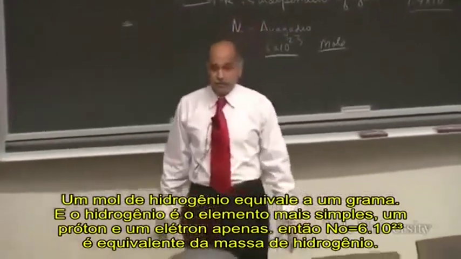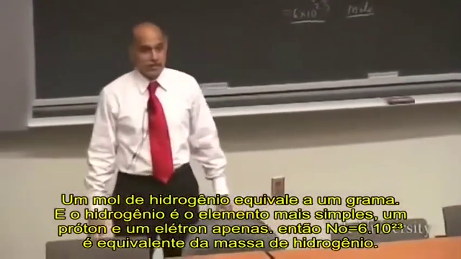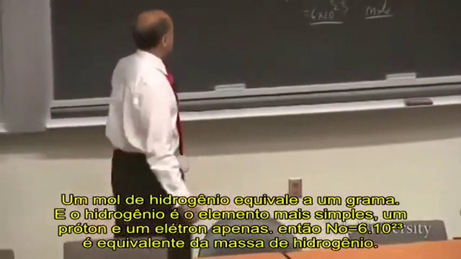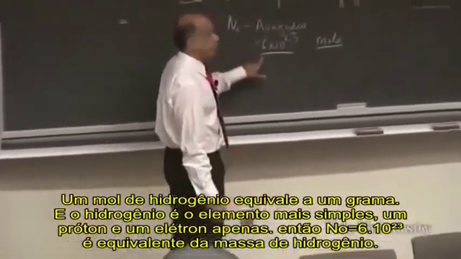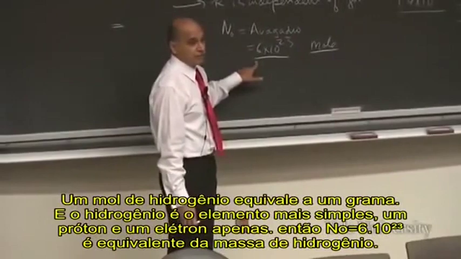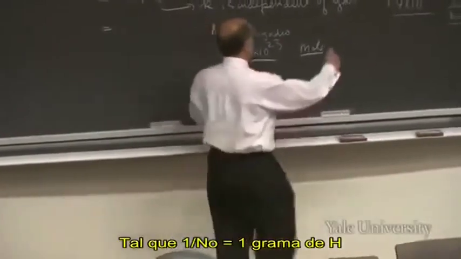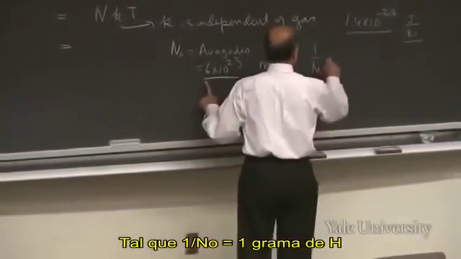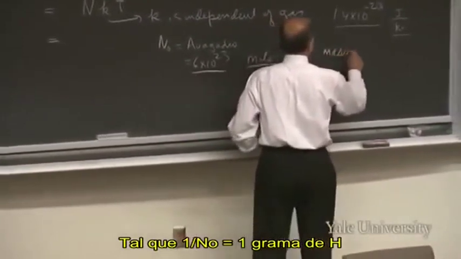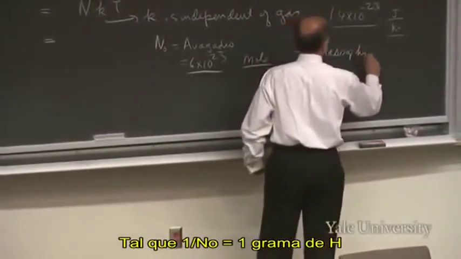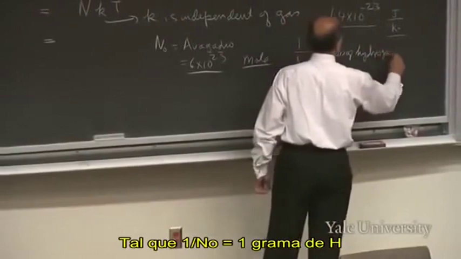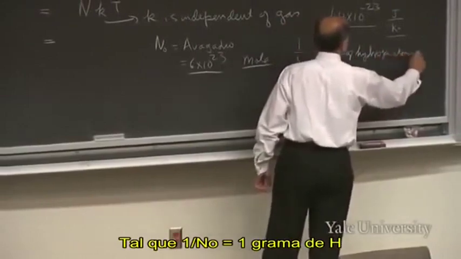The nucleus is just a proton, and the electron mass is negligible. So this, if you like, is the reciprocal of the mass of hydrogen. In other words, 1 over Avogadro's number is the mass of a hydrogen atom in grams.